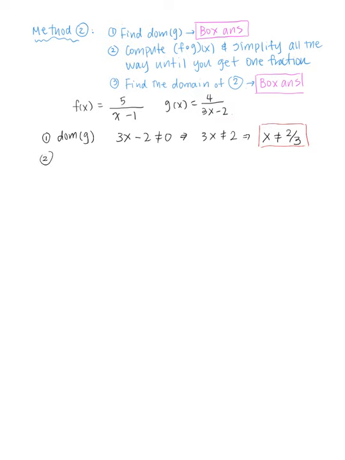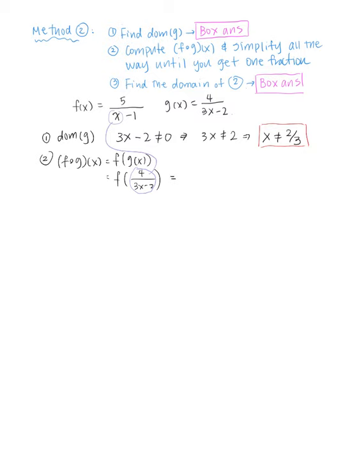Now step 2, what we need to do is compute f of g of x. I know we did that earlier, but let's just, for fun, try it again. So we've got f of g of x. Remember what to do. Replace g of x first, which is 4 over 3x minus 2. And then you plug this whole quantity in wherever you see x in f of x.